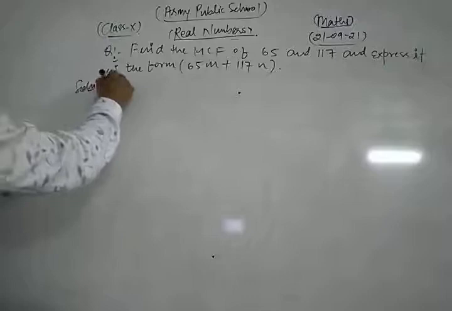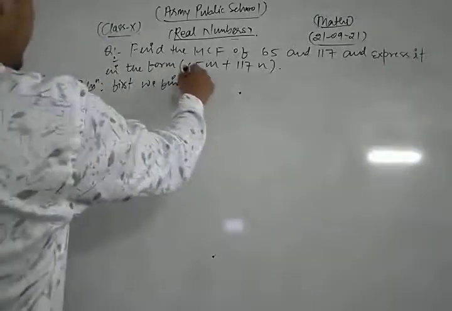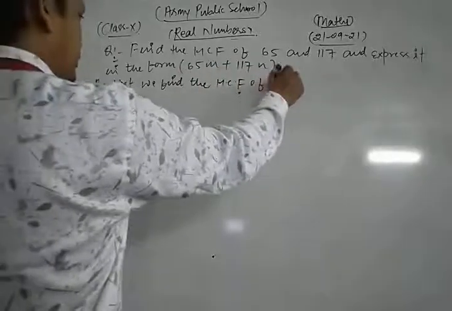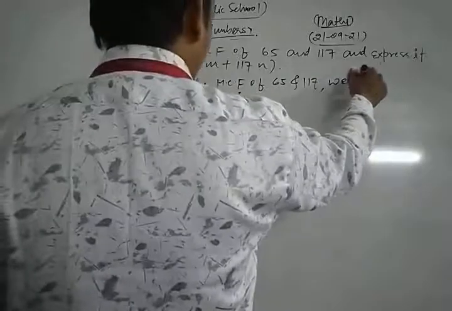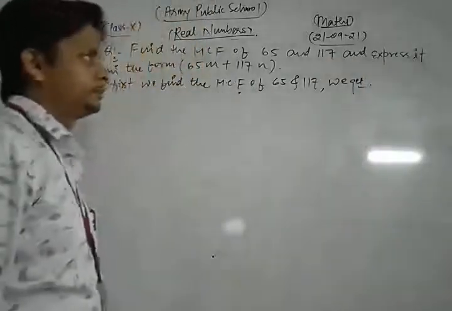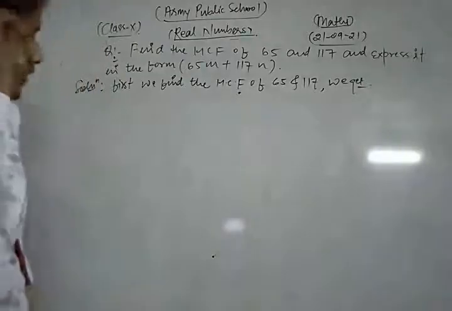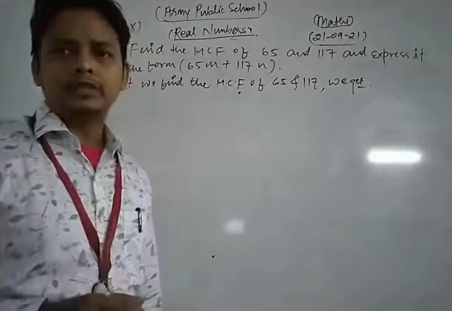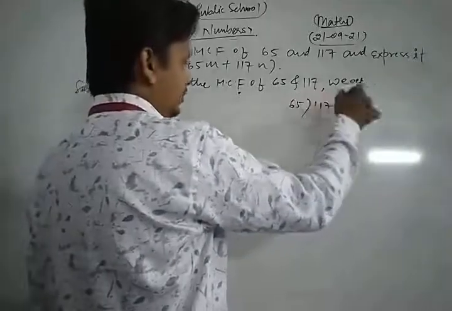First we find the HCF of 65 and 117. For that we use the Euclid division lemma. First we divide 117 by 65.